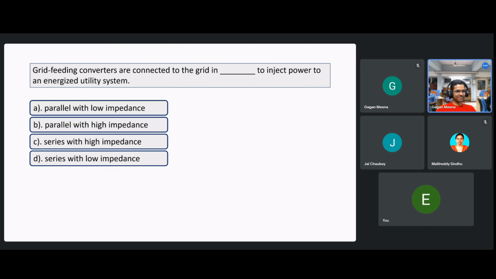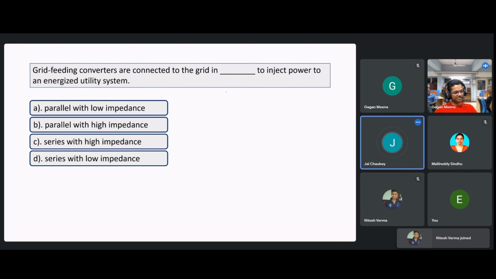So grid feeding converters are connected to the grid. How are they connected? We have to tell whether they are acting as a current source or as a voltage source. So one is grid feeding converter. These are high impedance parallel.